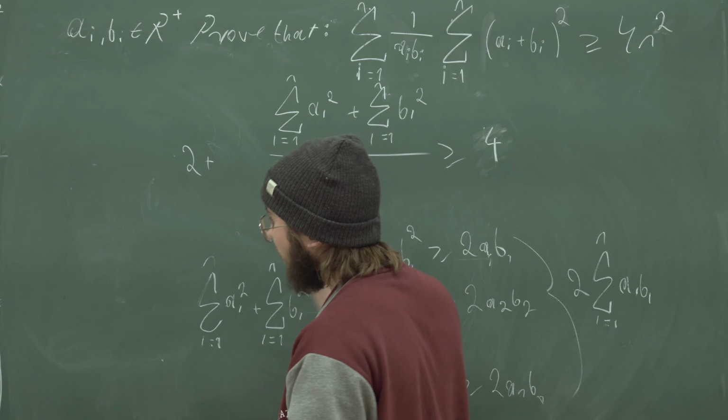So, how are we supposed to link this ai plus bi squared to ai plus bi?